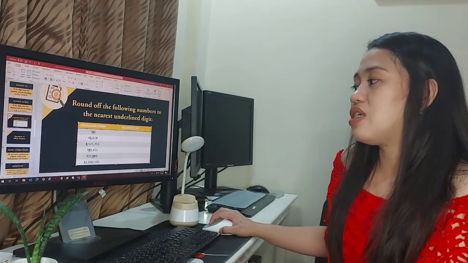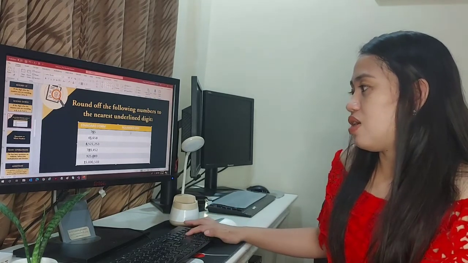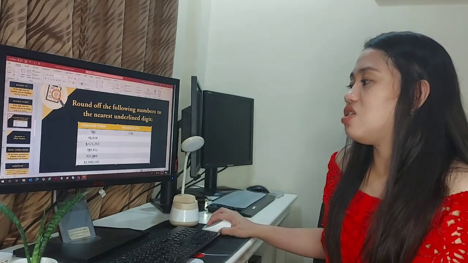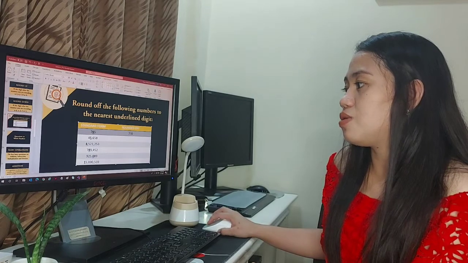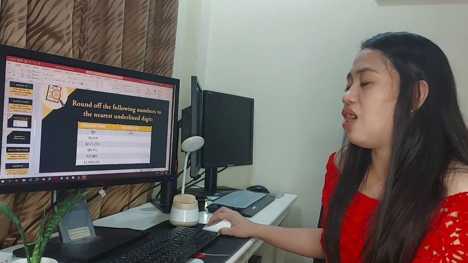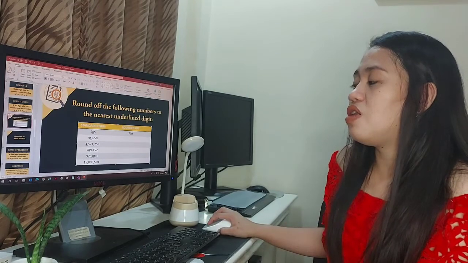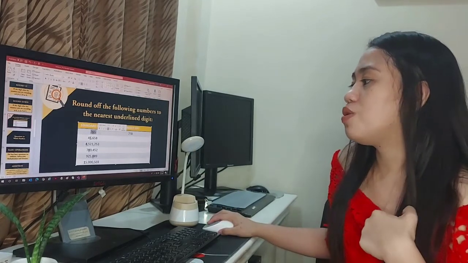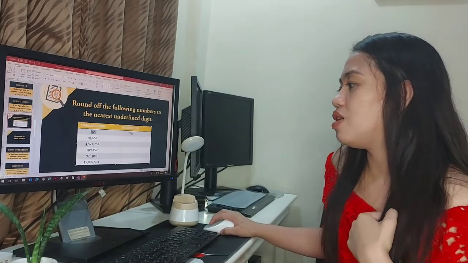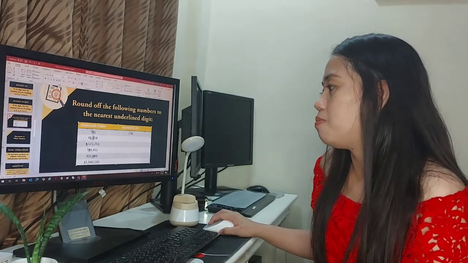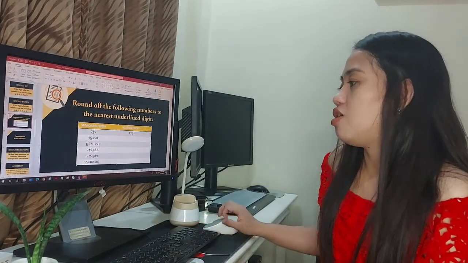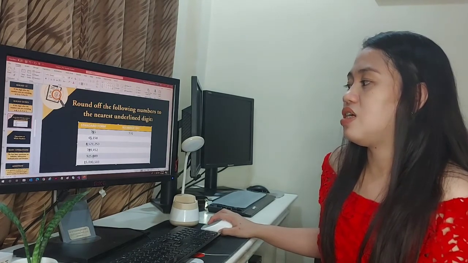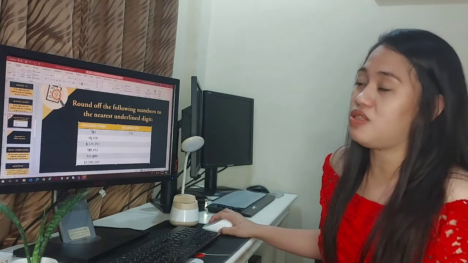Meaning, yung 6, gagawin natin 7. So, 7, 7, 0. And then, all digits sa right will be 0. So, we just copy 7, and then we add 1 sa 6, and then all numbers na nasa right side, we just make it 0. Alright. So, ibig sabihin nito, it's rounded up. Diba? Kasi, from 765, it becomes 770.